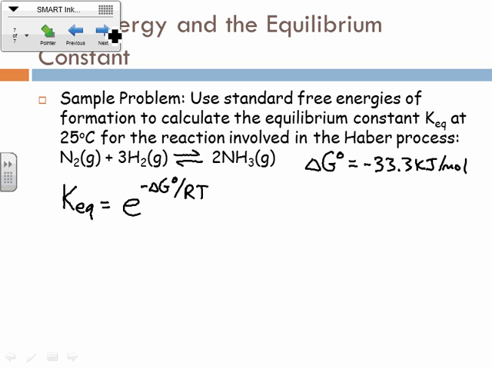Now again, we're going to have to fix one of these two numbers. Either we fix our R or we fix the delta G. In this case, it doesn't really matter because we're not trying to solve for a delta G, so we don't need our number to be in kilojoules at the end anyway. We just need to make sure these two match up. And I prefer bigger numbers to smaller ones.